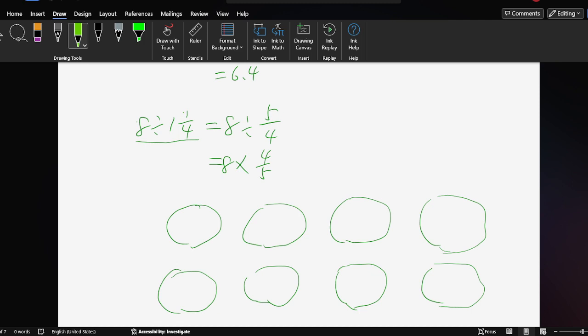Every part is 1 with a little bit more, so every whole we divide into 4.